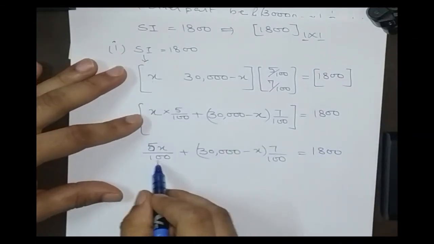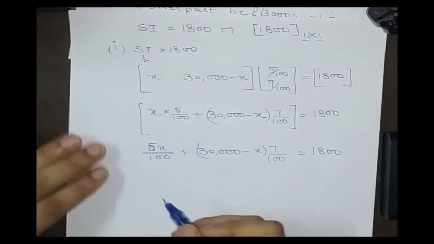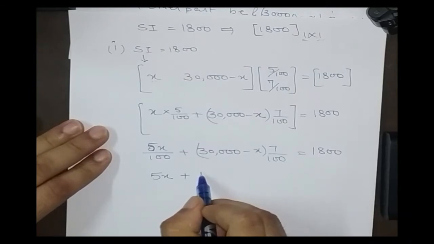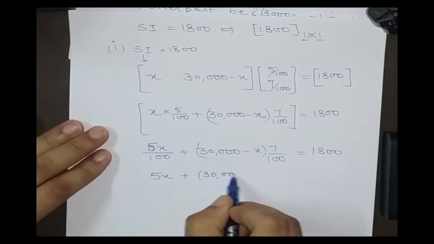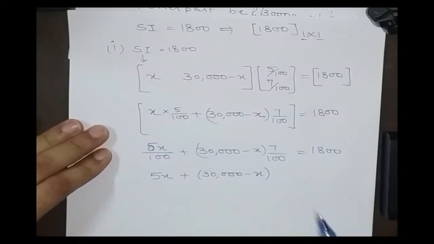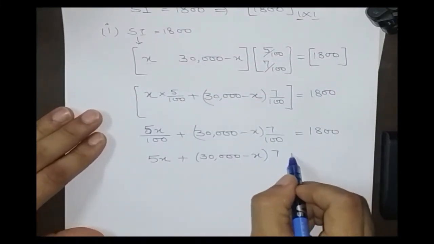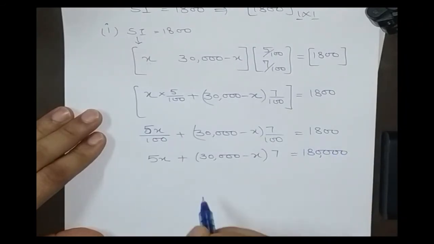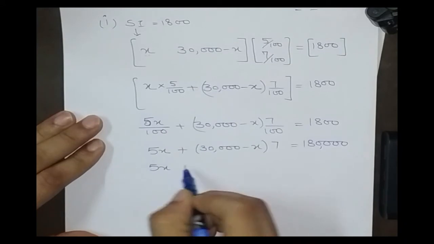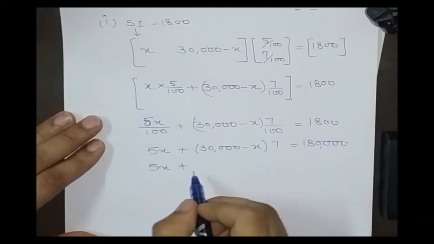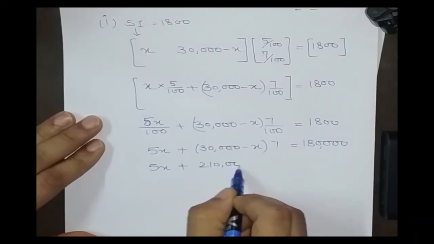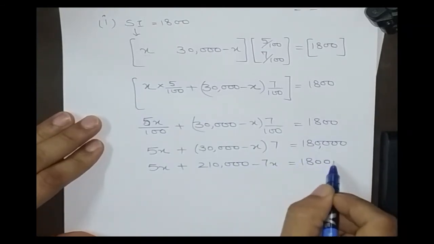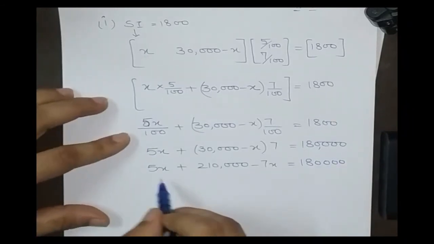Here I will take 1 by 100 as common, so it will become 5x plus 30,000 into 7, minus 7x, is equal to 1,80,000.